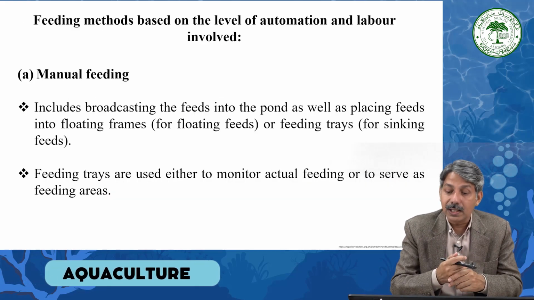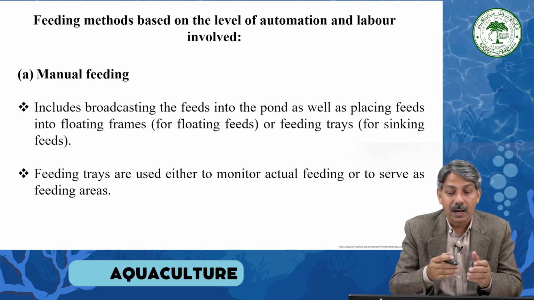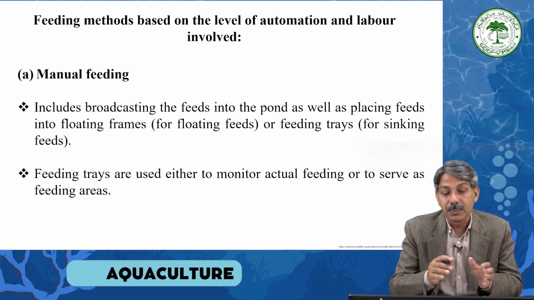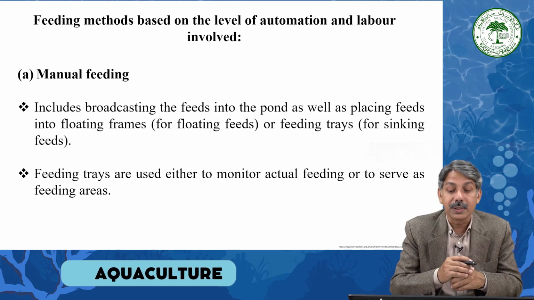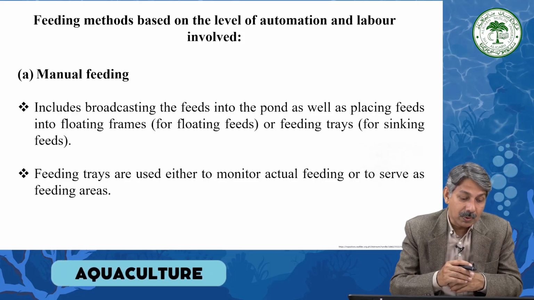Feeding methods based on the level of automation and labor involved. What are the different feeding methods that are there in practice based on the level of automation and labor involved? Manual feeding.